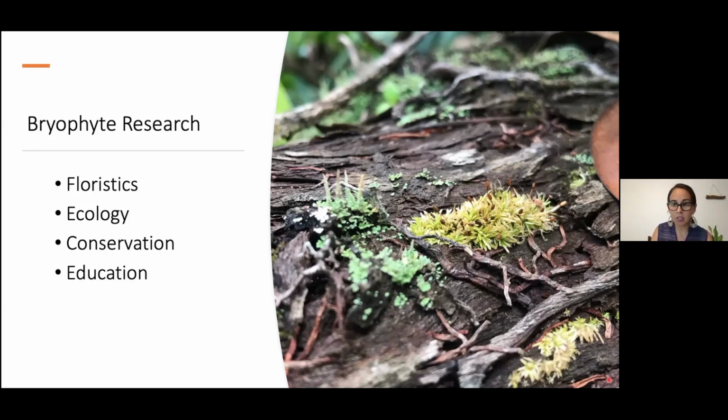And then conservation and education go together. And I think this goes really well with the mission of the Audubon Society about getting to know your surroundings so that you can help preserve it and use it wisely.